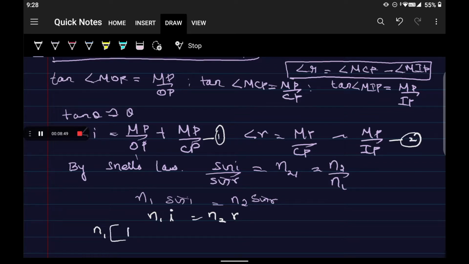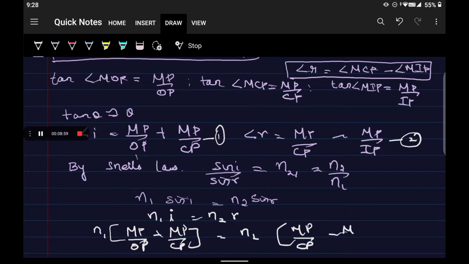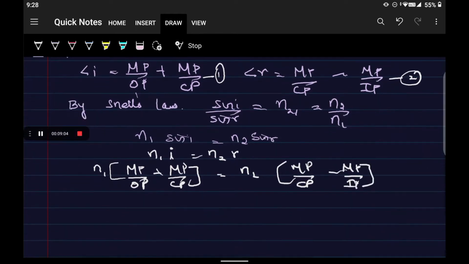So n1 into (MP by OP plus MP by CP) is equal to n2 into (MP by CP minus MP by IP). Throughout the equation you can divide by MP. So now n1 into 1 by OP.